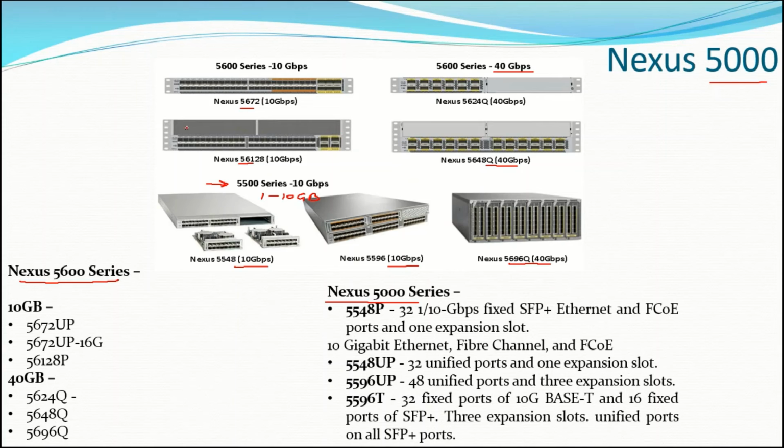Variant flavor means we have the option to connect Ethernet traffic, and we have the option for storage connectivity. So this switch is actually designed for server and storage array connectivity, not any other kind of device.